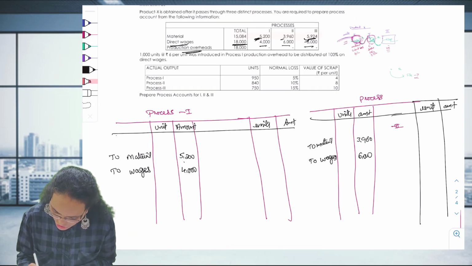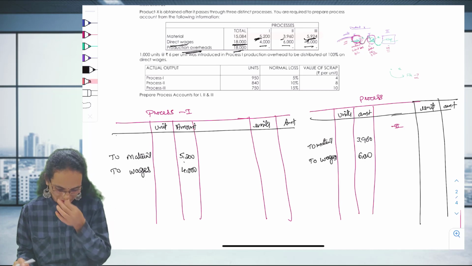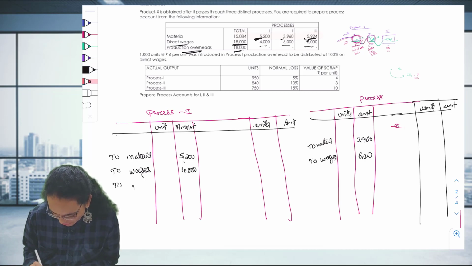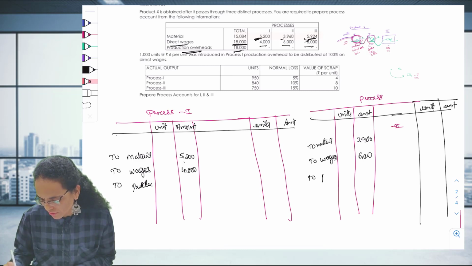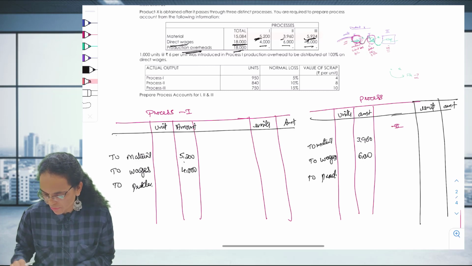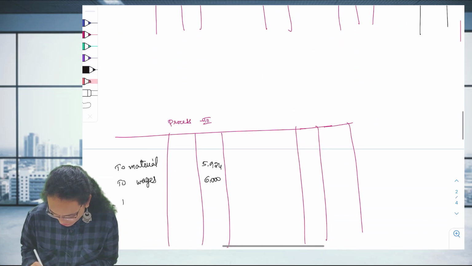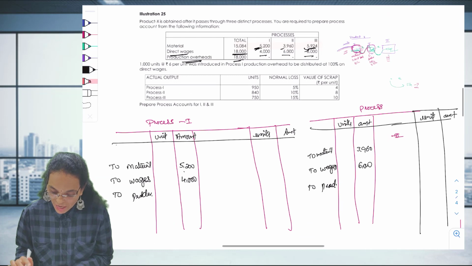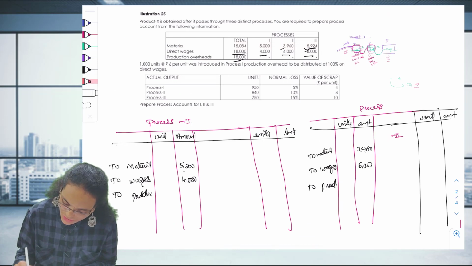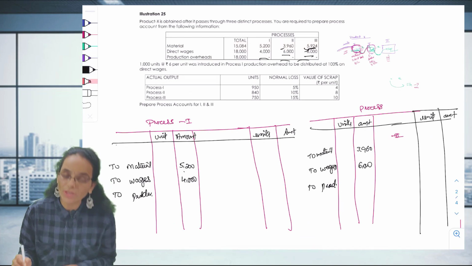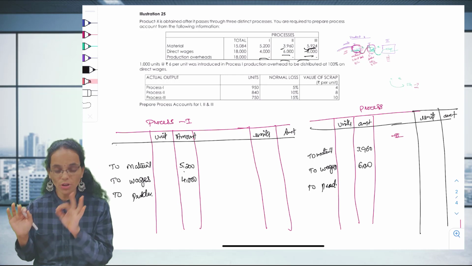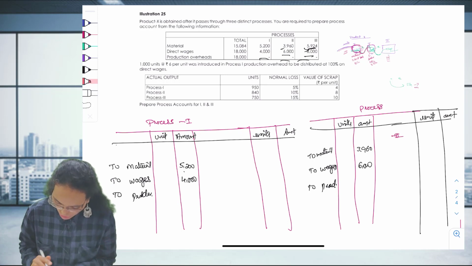Next one, production overhead 18,000. You write production overhead here. Don't jump into next line. First write the production overhead. But what did he say? Production overhead information is given, but how much amount in the respective department is not given now. So next line.